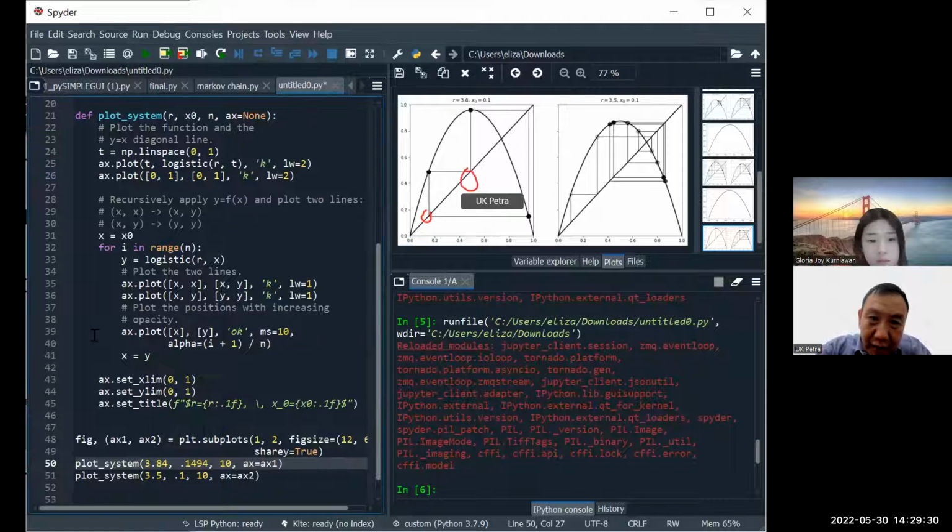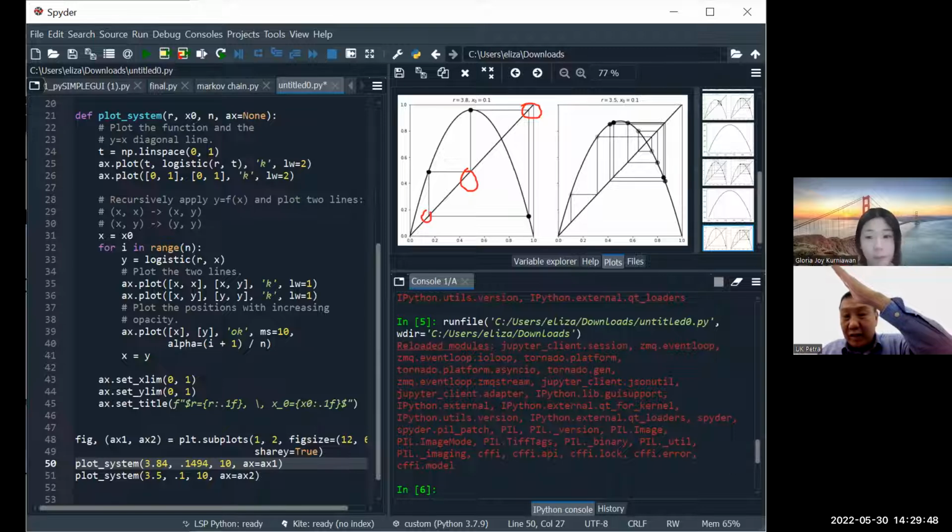This is the third one, right? Can you see the intersection between the cobweb and the diagonal line? The cobweb with the diagonal line, that forms the cycle.